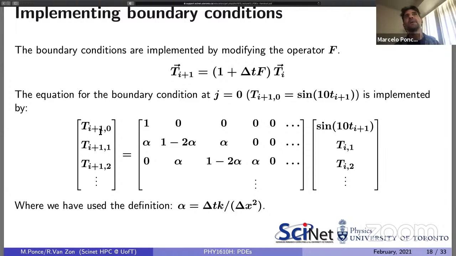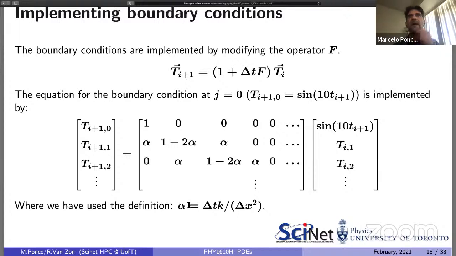So for j equals 0, our first point on the rod, basically what we are saying is the temperature at any given time i+1, at element 0, the first element on the rod, is sine of 10 times the value of the time. And that is what we have here. So you can convince yourself again by putting all these zeros. You kill any other contribution for any other points on the rod, and you only keep the temporal excitation on the first point on the rod.